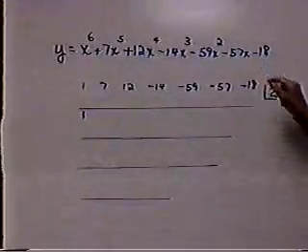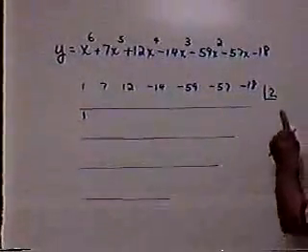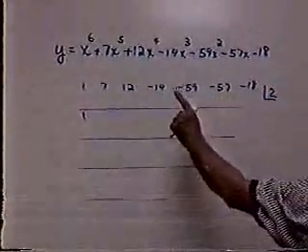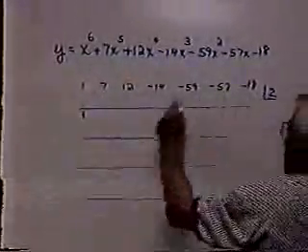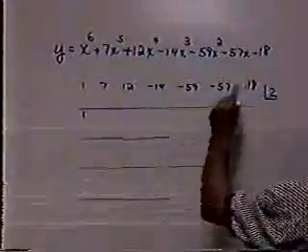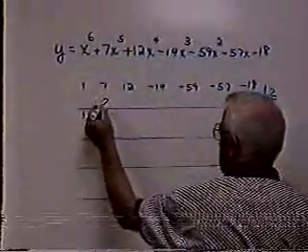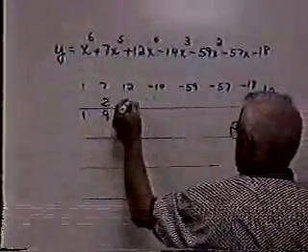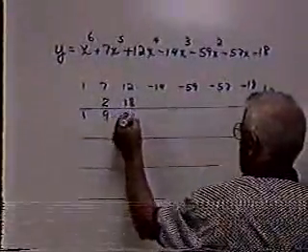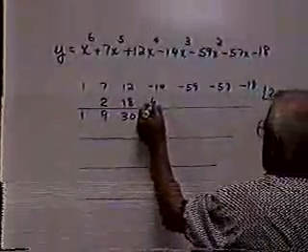All right? So I'm going to start off with the plus 2. Here's what you do. You copy the first coefficient down, and here you multiply, add, multiply, add, multiply, add. So 2 times 1 is 2. Add is 9. 2 times 9 is 18. Add is 30. 2 times 30 is 60.